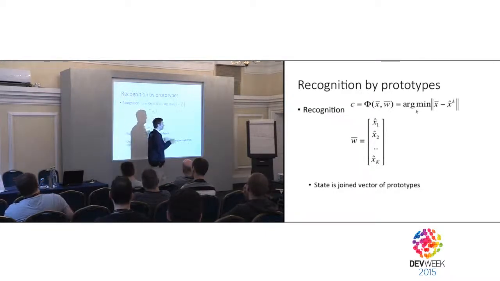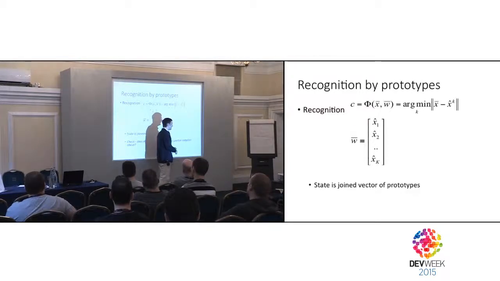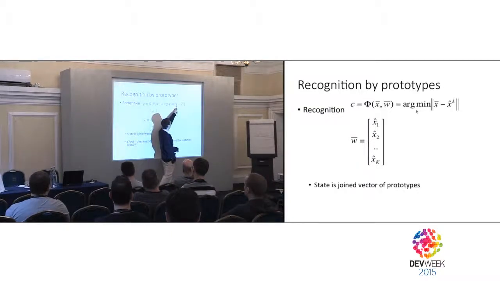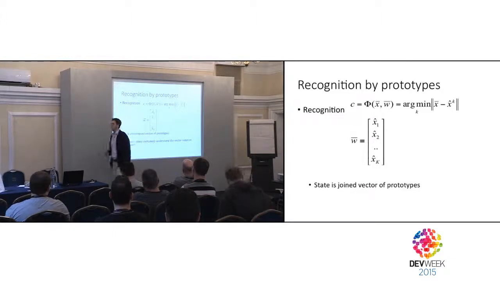Now we need to recognize the new object, which has certain characteristics denoted by vector x. So what do we do? We do K comparisons. That is, we subtract one vector from another, which is element-wise subtraction.